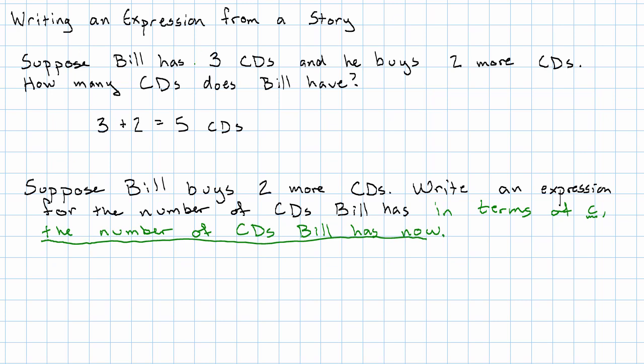Before, when we were working with an arithmetic expression, we said the number he has now plus the number he bought gives us how many he has after he buys them. We will do exactly the same thing in the variable expression, except that now the number he has is a variable.